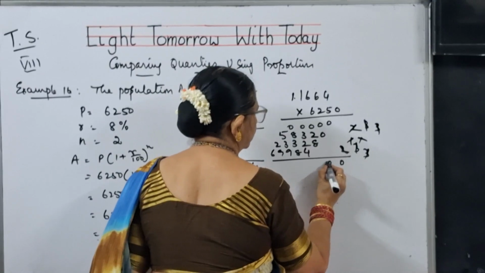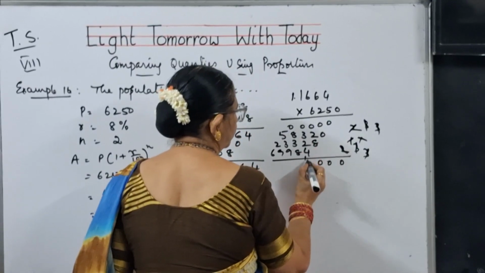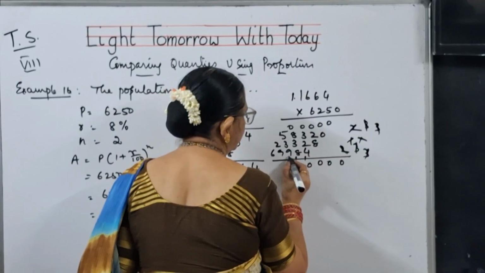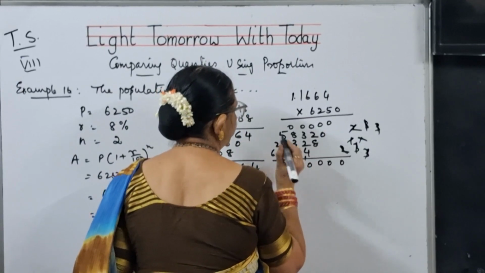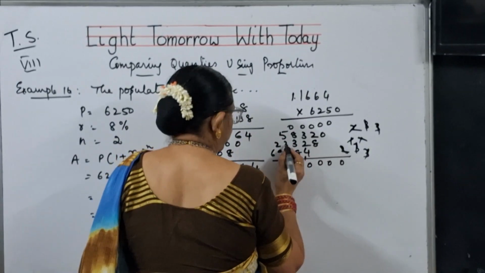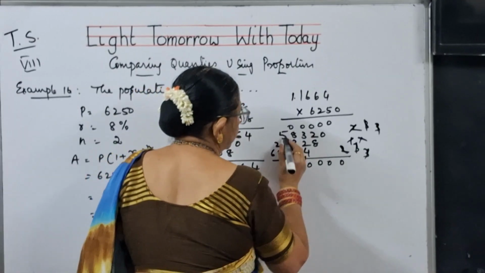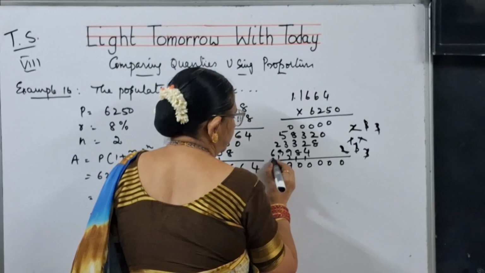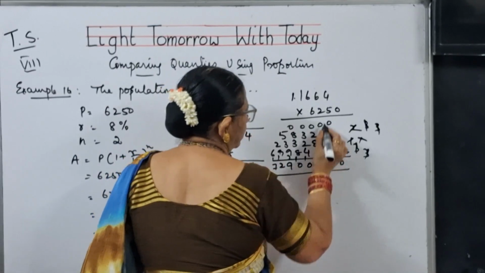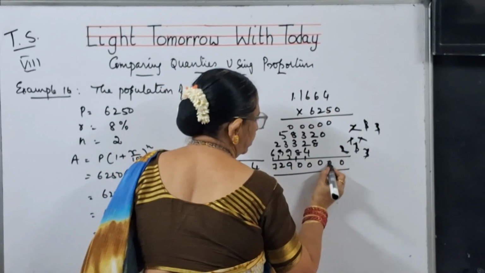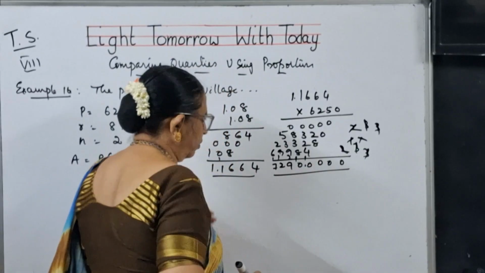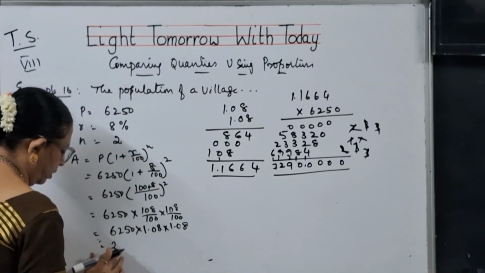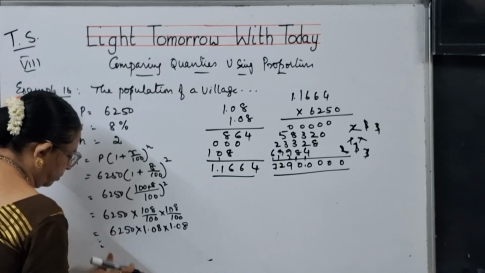So adding up, how much you have got? 7290. So this is 7290.